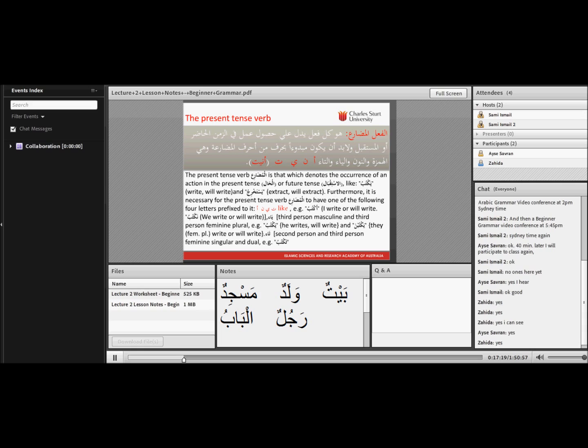Likewise, for example, like aktubu. Aktubu means I write or I will write. Or naktubu, meaning we write or we will write.